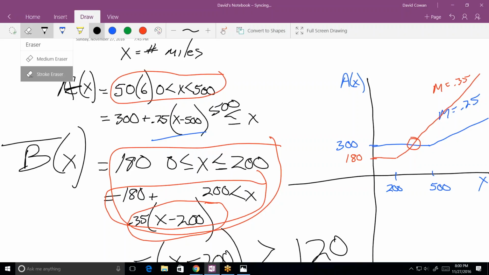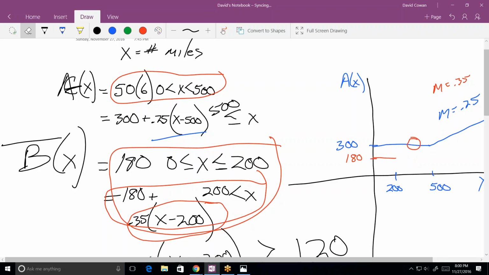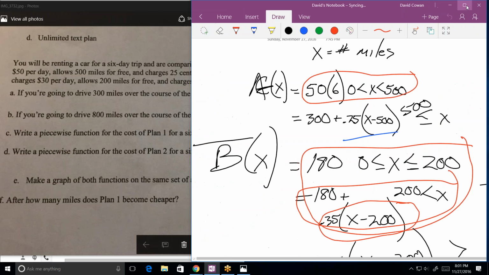Maybe plan B looks more like this. So it crosses at a point where X is greater than 500. An interesting problem.